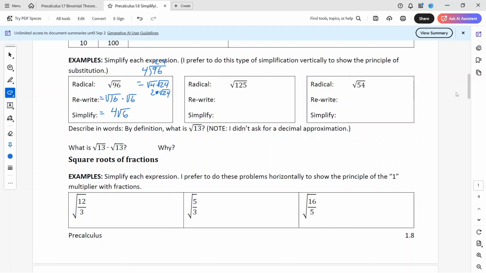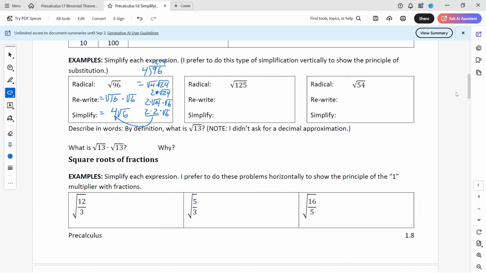And you're not wrong, you're just not done. You haven't completely simplified, because I could now call the 24 a 4 times a 6 and call that the square root of 4 times the square root of 6, and then the 2 stays in the stream. Square root of 4 is a 2, and then the square root of 6, and then I could simplify those and get to that. So by choosing the biggest number at the outset, you always reduce your labor.